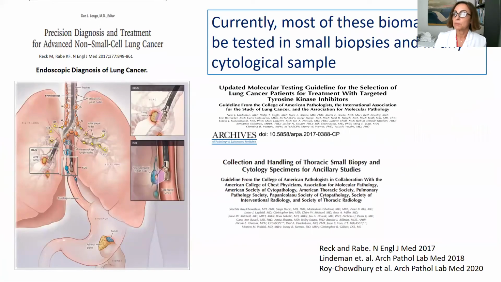And this is very important because currently most of these biomarkers can be tested, and actually are tested, in small biopsies and in cytological samples. There are many recent references in the literature about how to handle these samples for biomarker analysis.